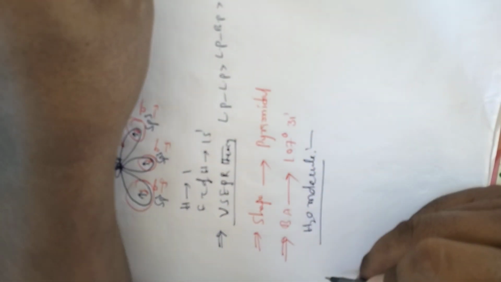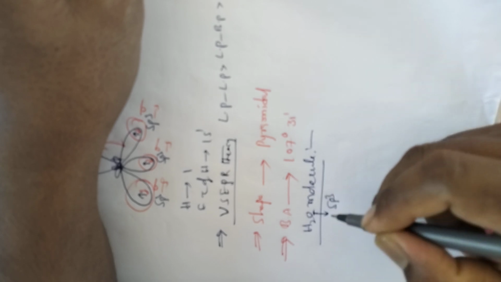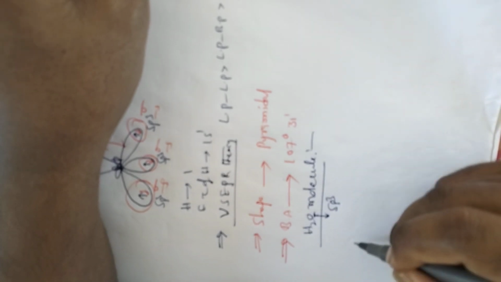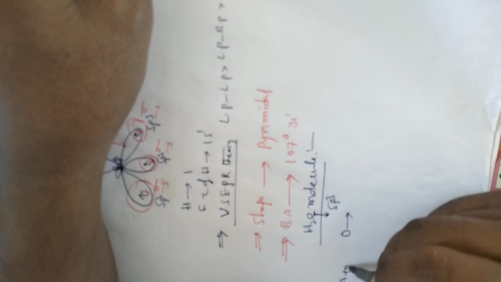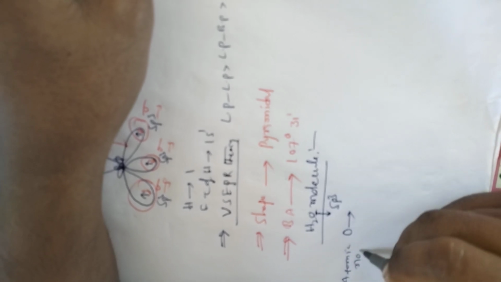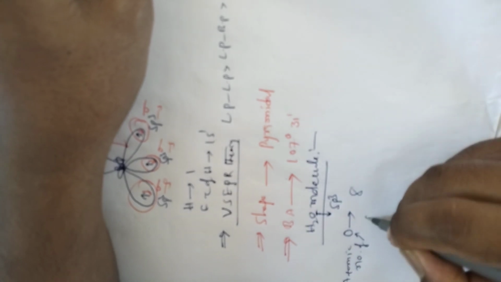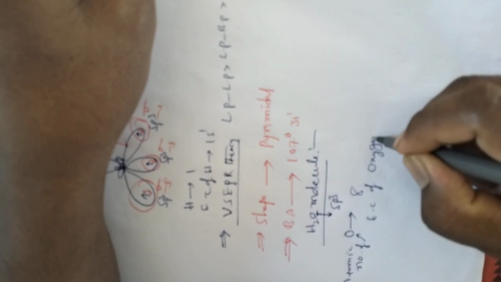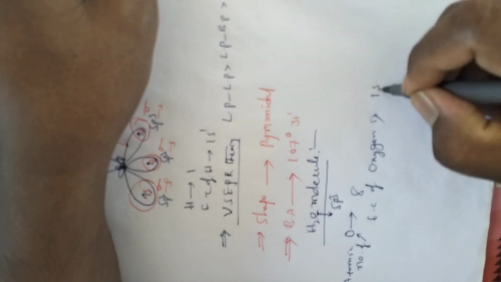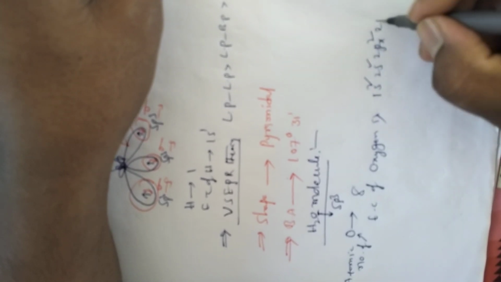In the H2O molecule, the central atom is oxygen, which undergoes sp3 hybridization. The atomic number of oxygen is 8, and its electronic configuration is 1s2, 2s2, 2px2, 2py1, 2pz1.